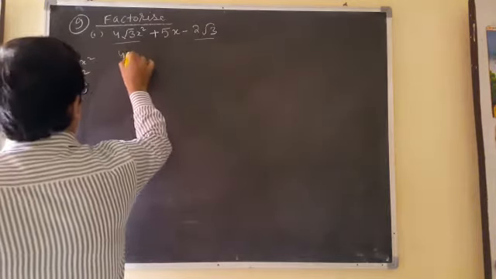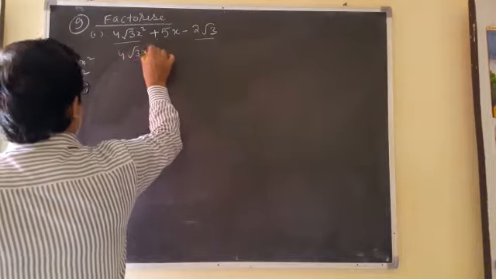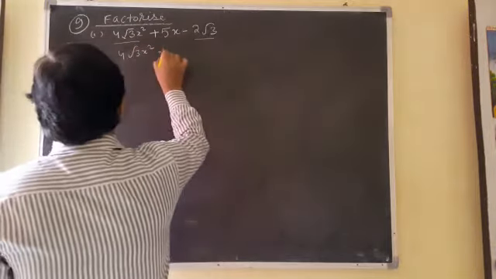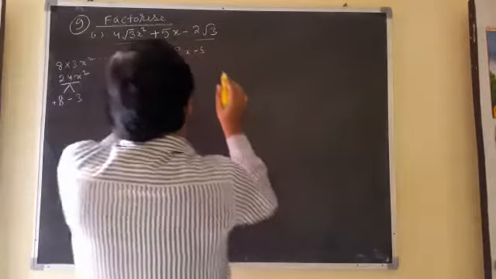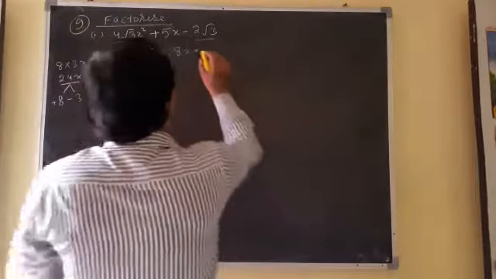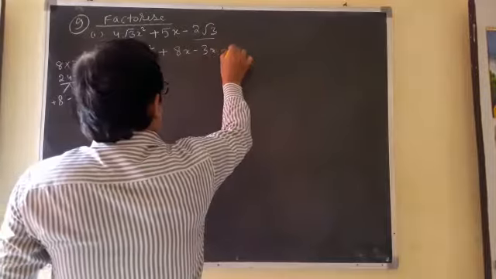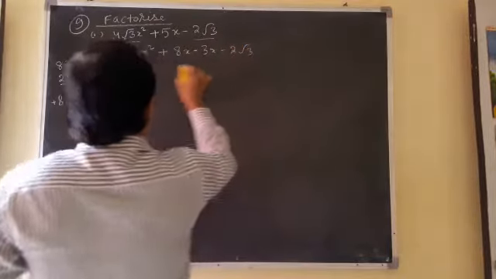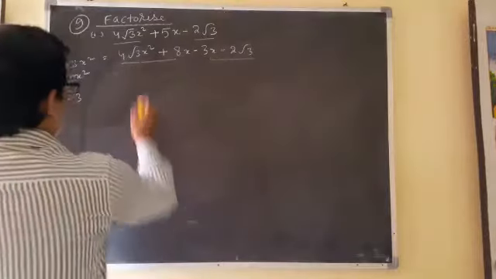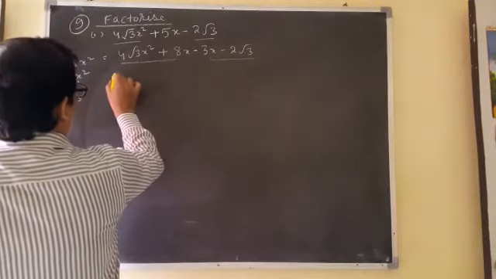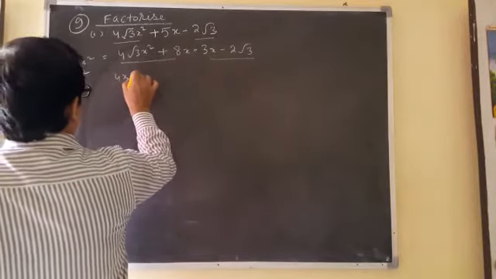So let us write 4 root 3x square plus 8x minus 3x minus 2 root 3. Now we will make groups. Now what will be the common number? 4x, let us take it as common.